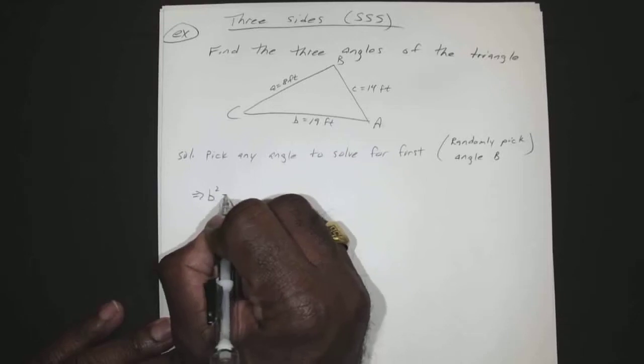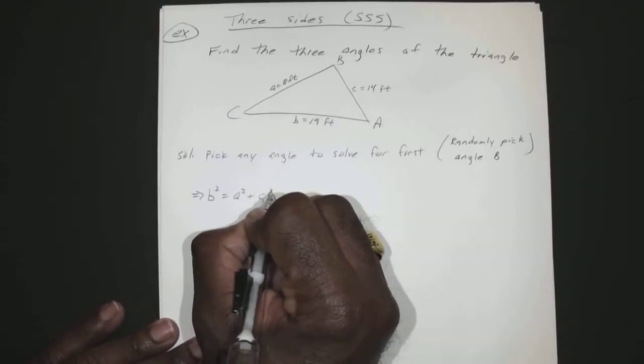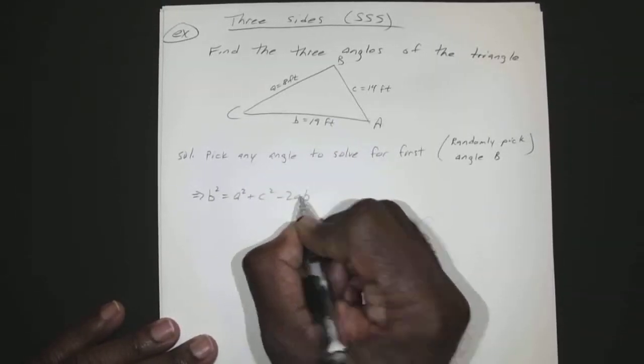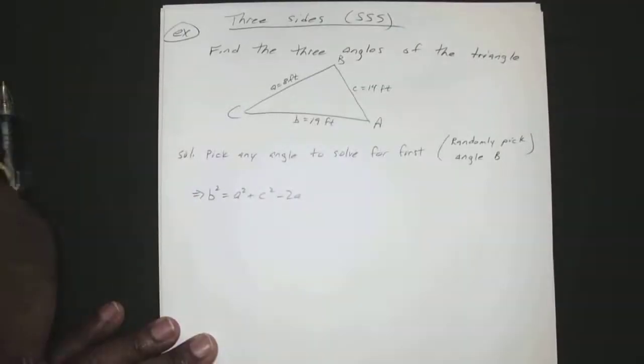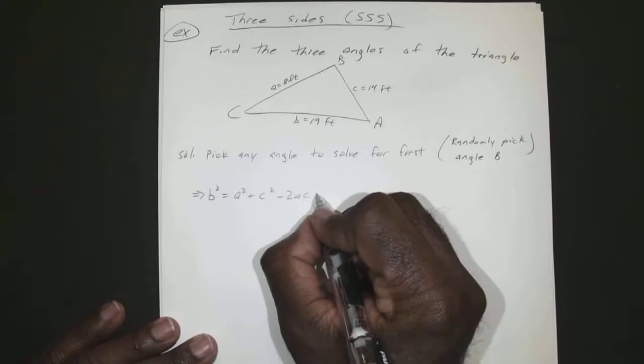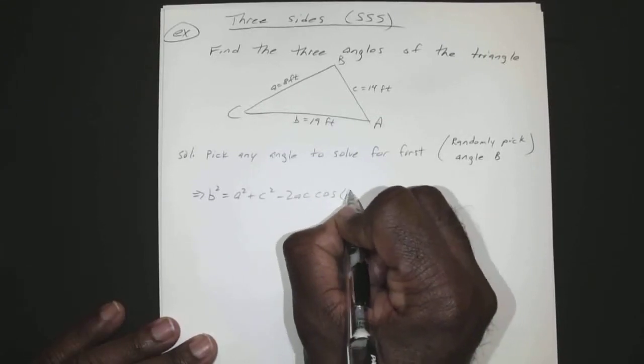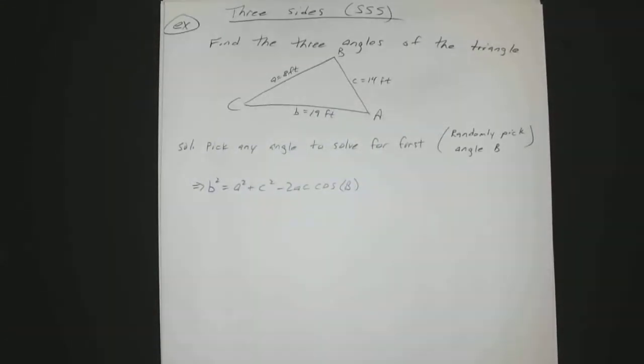So B squared equals A squared plus C squared minus 2AC, sorry about that, times cosine of B. Okay, so we just plug in everything we know.